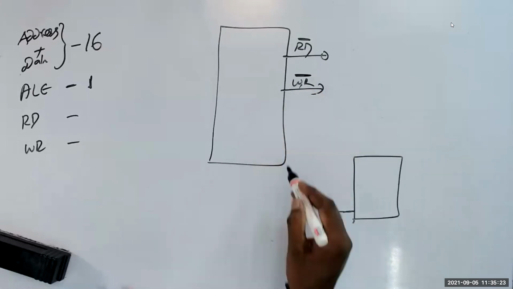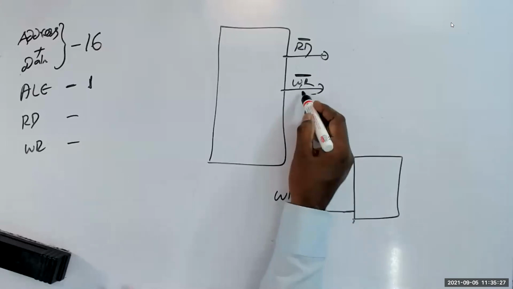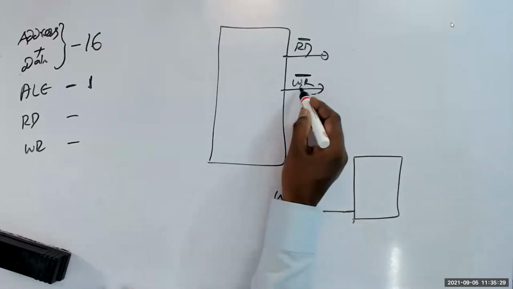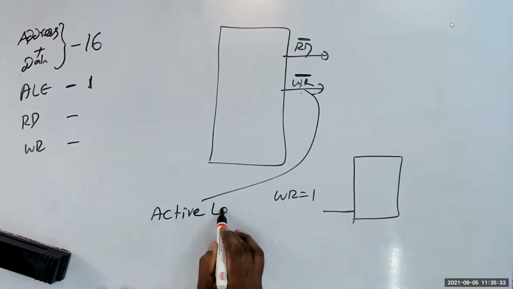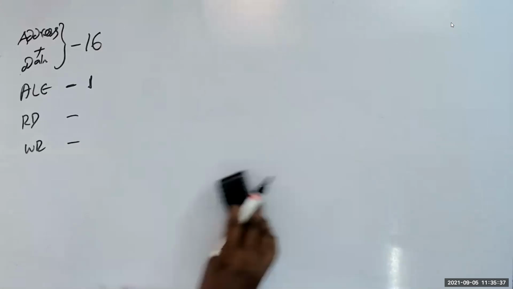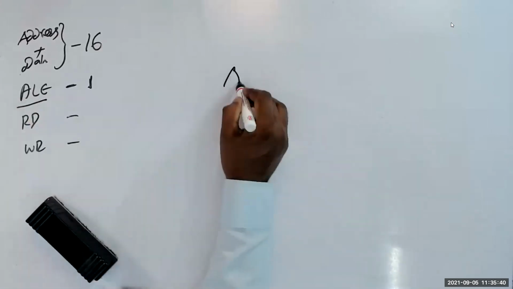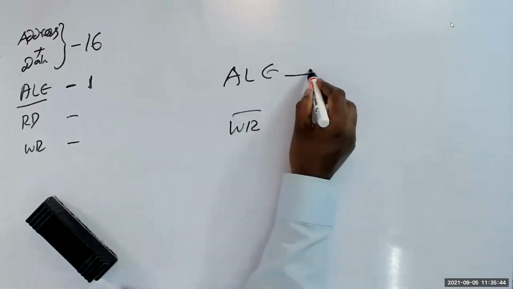Normally when write is 1 it does latch. Now write is 0 means it latches. It is called active low. If we write like this, please understand the deep meaning here. If we say ALE, and if we say write bar, the meaning is ALE means active high.